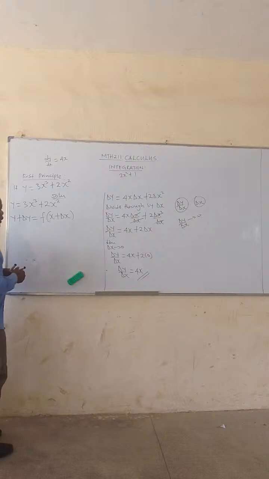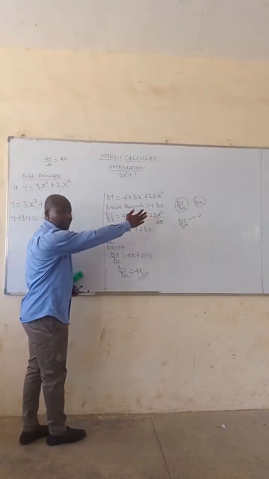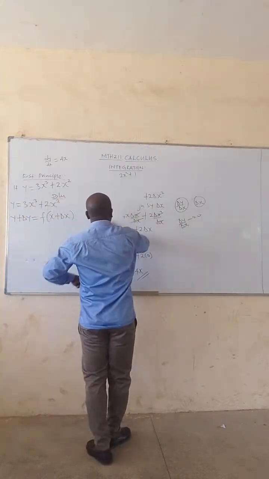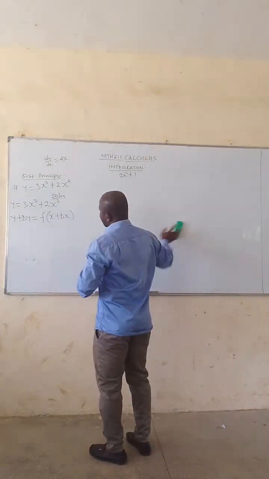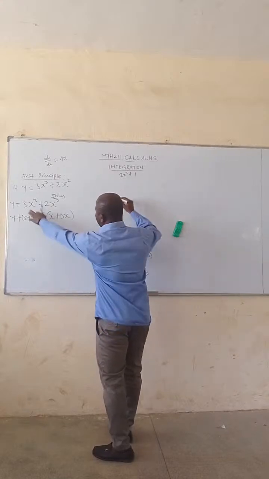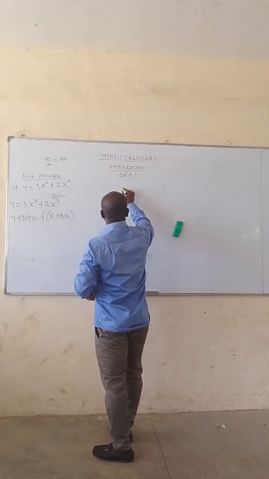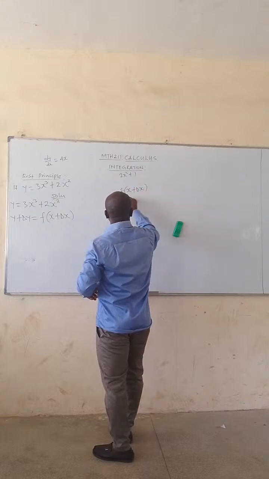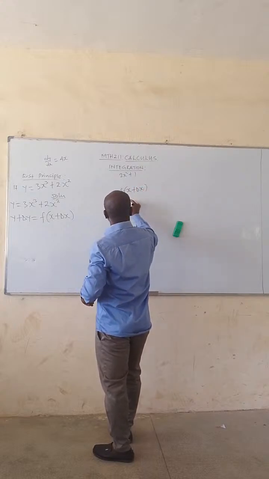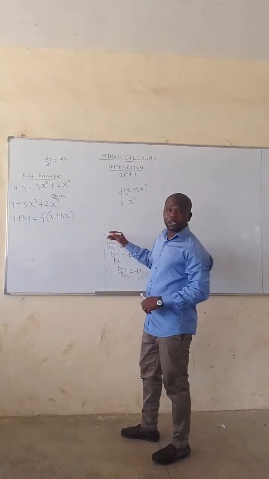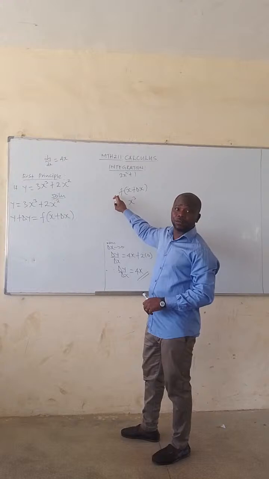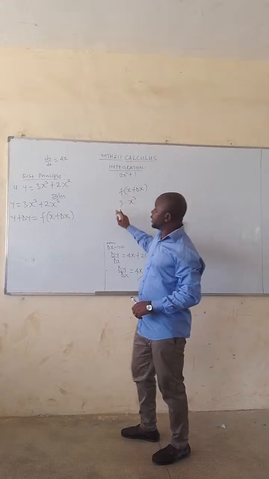So it means, can I clean this part? Yes. It's okay. So this implies that the first function here, we can compare it with this f of x plus dx. Then 3x raised to power 3, true or false? It means our f here is 3.